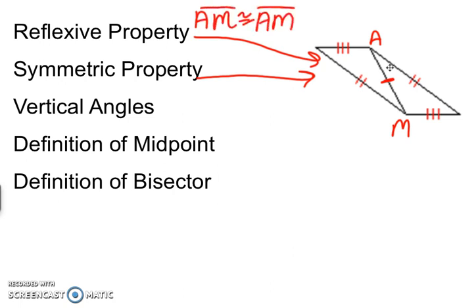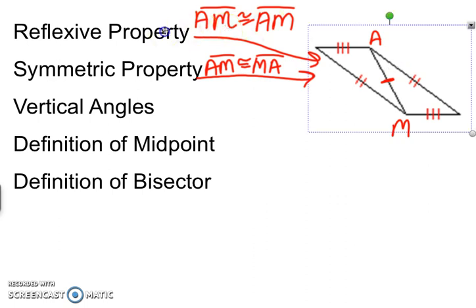They have the same letters, okay? Symmetric is going to be like symmetrical. It's going to flip-flop. So you would have AM is congruent to MA, okay? So that's just if you want to name it with two letters that are the same, your justification would be the reflexive property. Symmetric property is when they're symmetrical on both sides, kind of like a mirror. So you're going to have to kind of memorize those.